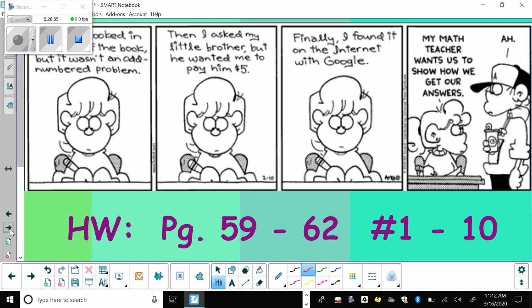So, of course, if we were in class, having normal classes and everything, this is what your homework would be, page 59 through 62, 1 through 10. I think it's very doable. To be honest, just to give you a quick overview, if you glance at your homework calendar, in all honesty, we really just had to kind of get through 3 lessons.